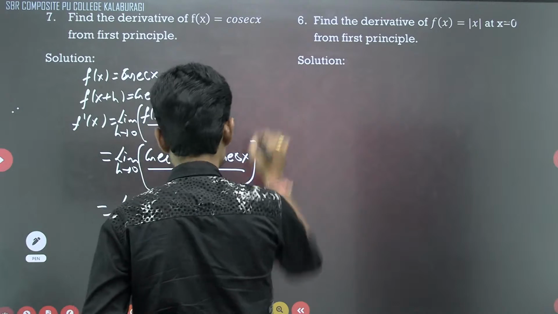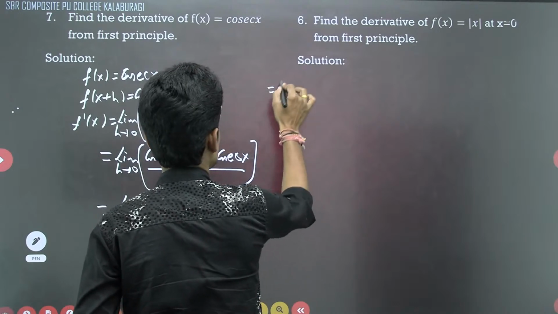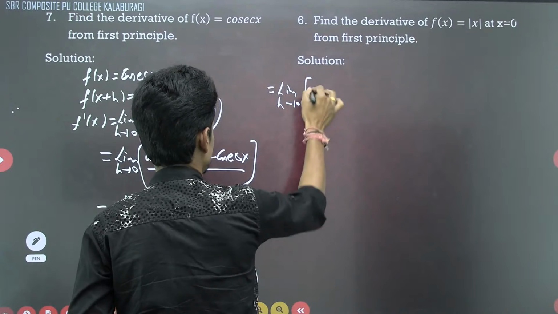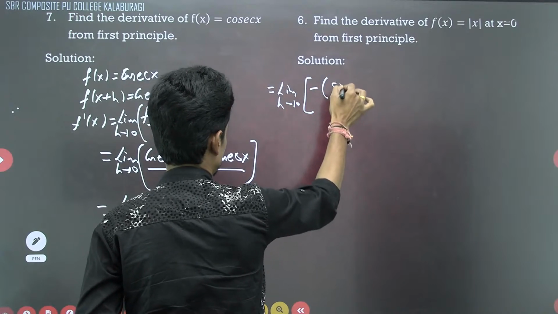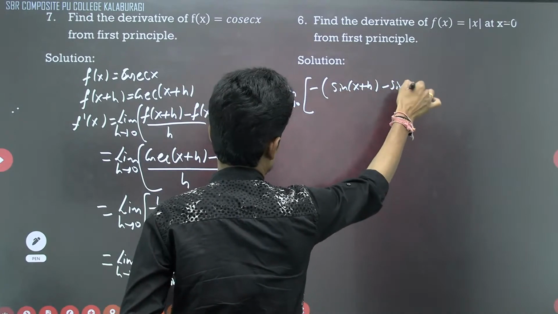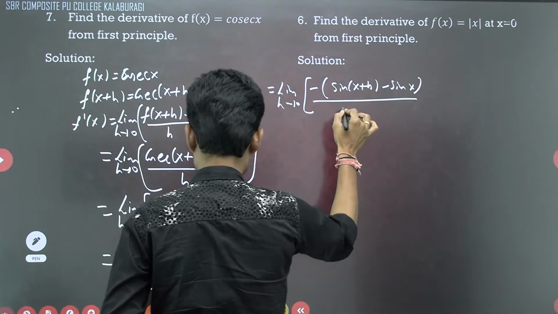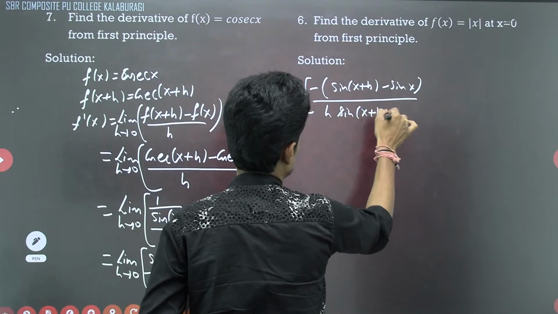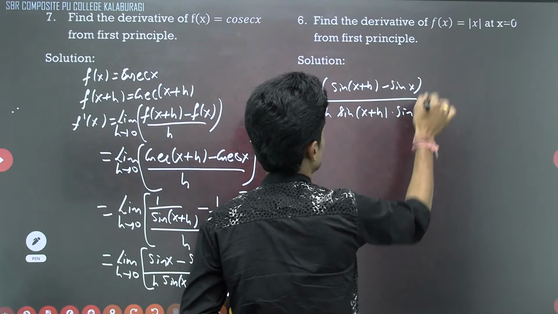To make the calculation easy, in the beginning only I will take the minus sign common, limit as h tending to 0, minus sign I will take common, remains sine of x plus h minus sine x divided by, as usual, h into sine of x plus h into sine x.